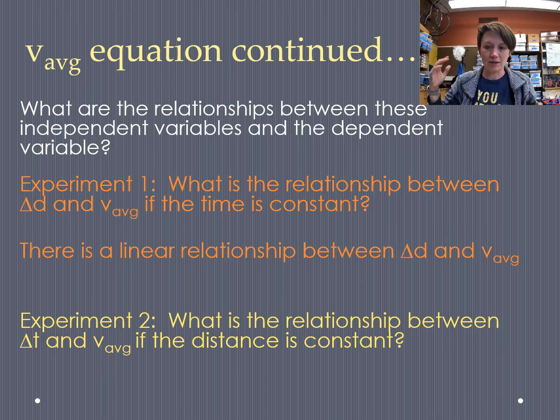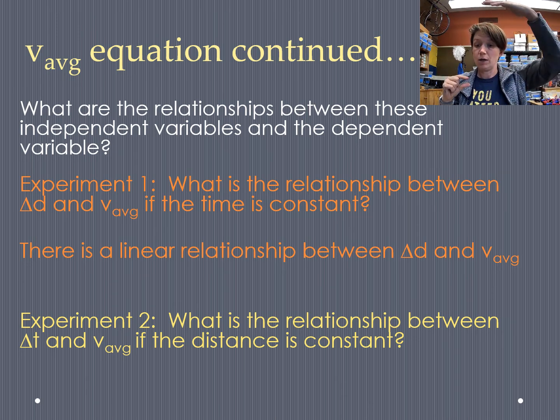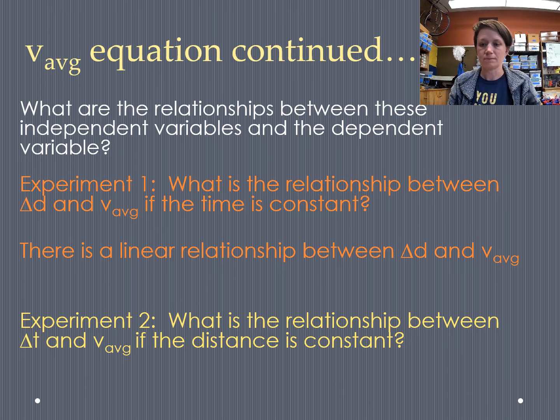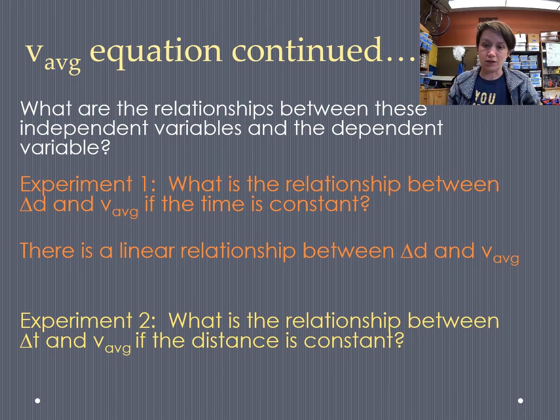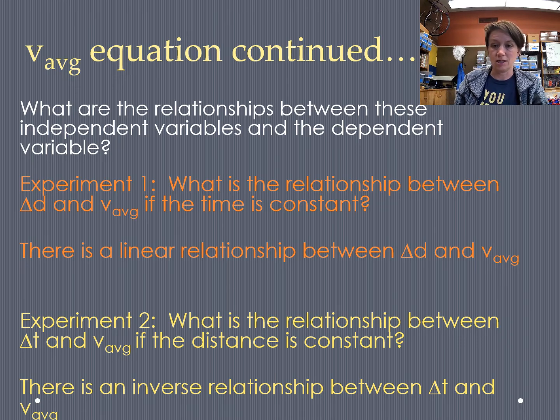Obviously, if you had a stopwatch, the amount of time the car would take would be very small, and the amount of time the bike took was much bigger because it was moving slower. In other words, the higher the velocity, the less time it took to cover the distance of that screen. Hopefully when you see that, you think inverse relationship. And in fact, there is an inverse relationship between delta T and V average.